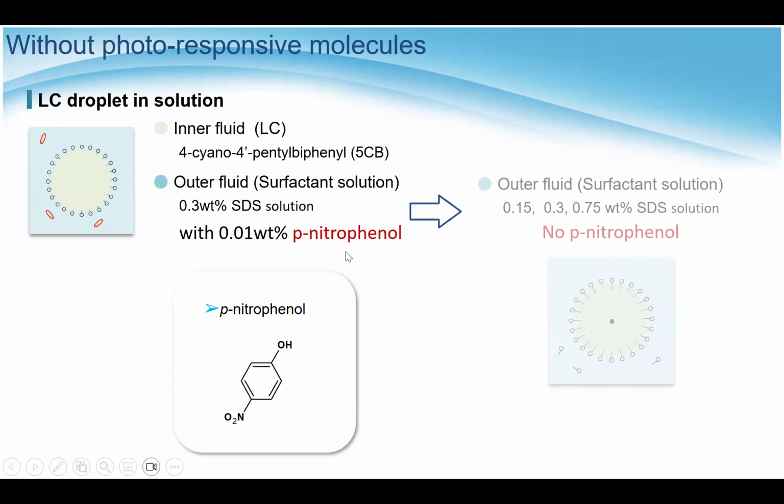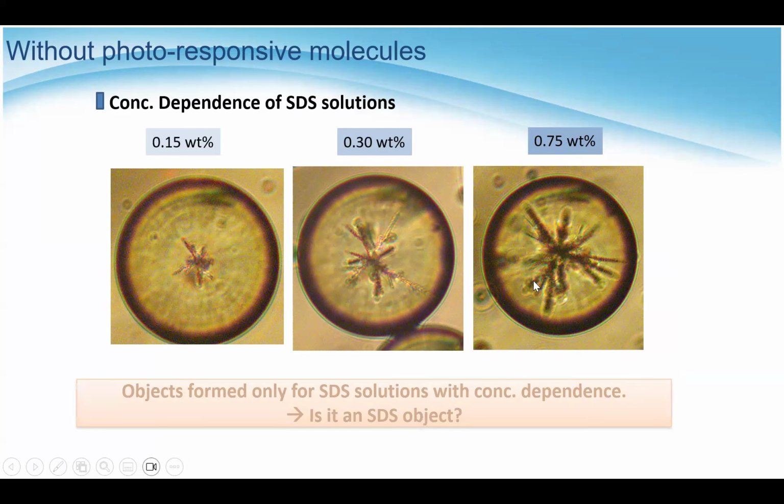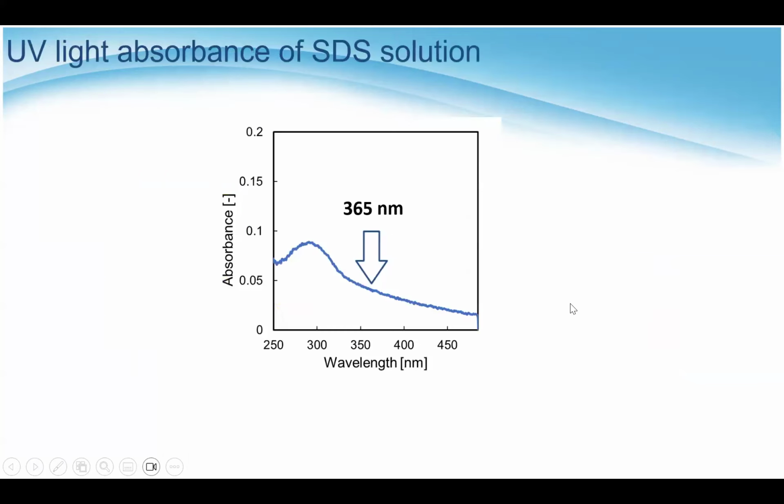However, we then tested without solute molecules, looking at the concentration dependence of the surfactant molecules. Here's the result. We found some objects even without solute molecules. So obviously, this could be SDS, because the size is dependent on the SDS concentration.